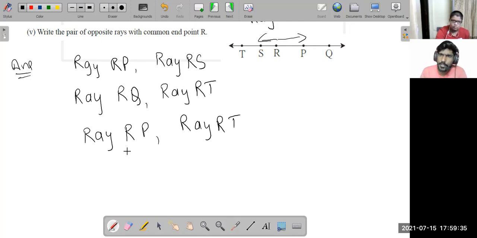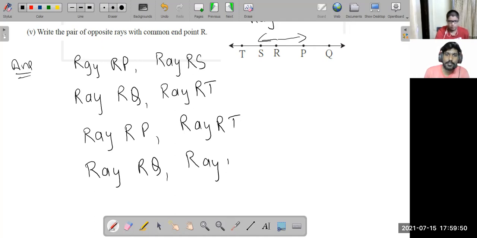They just have to be opposites to each other, and R has to be the common point. So it's opposite. Then how about ray RQ and RS? Are these opposites? Yes. Is there anything remaining? I don't think so. So we are done with this.